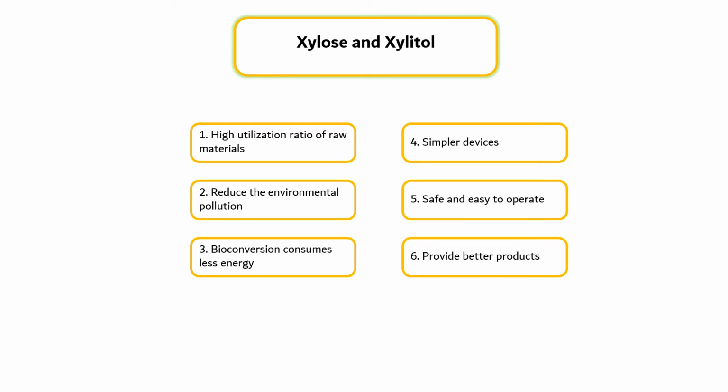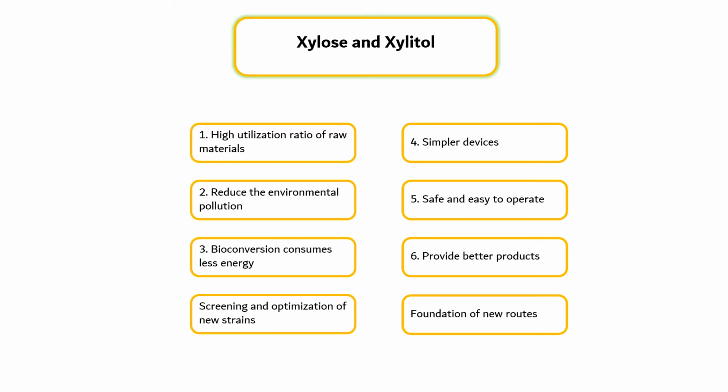Sixth, the process can provide better products. The products are more suitable for food processing because the whole process avoids contact with metal power catalysts. The screening and optimization of nutrients and the foundation of new routes are the key problems for xylitol production in the future.